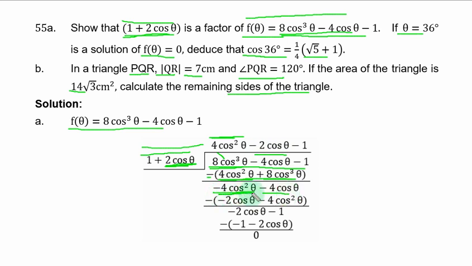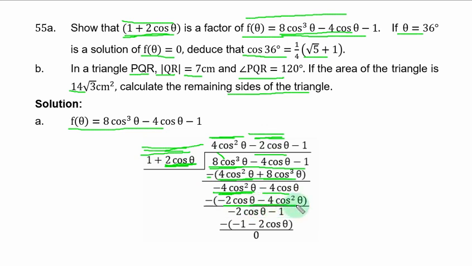You divide the first term by 2 cos theta, you have minus 2 cos theta. Here, the first term here, you divide it by this term, you have this result. Next thing is to multiply. You use minus 2 cos theta to multiply everything here, you have this result.